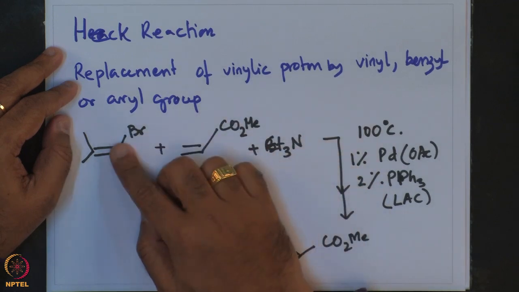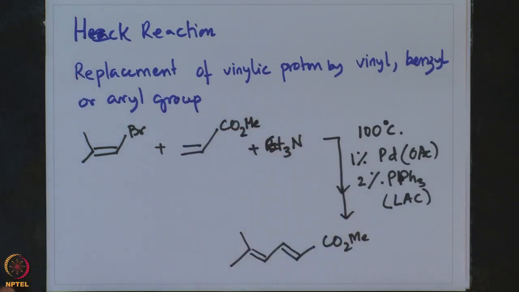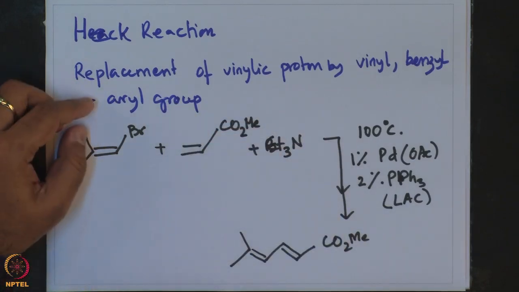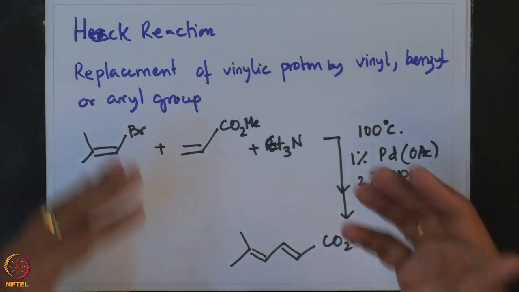So, these vinyl halide, benzyl or aryl groups do not have any beta hydrogen. That promotes the reaction in the forward direction and not the reverse, in other words it facilitates the oxidative addition step, the first step, and not the other way around. Now, I am going to illustrate this more with the mechanism that we are going to be discussing.